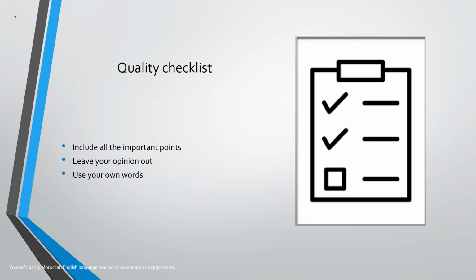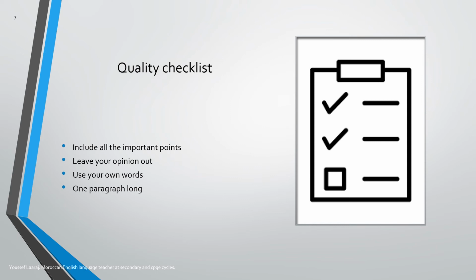Copying words and expressions or full sentences from the text, as I said, gives the impression to the examiner that you're not able to paraphrase. And make sure, especially as CPGE students, that it is one paragraph.